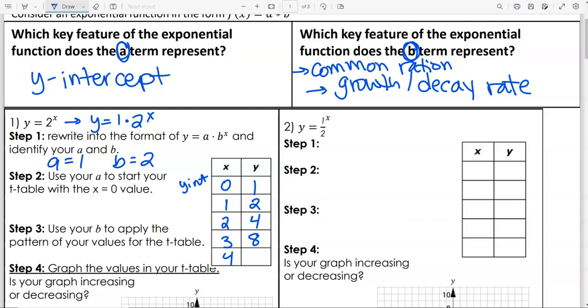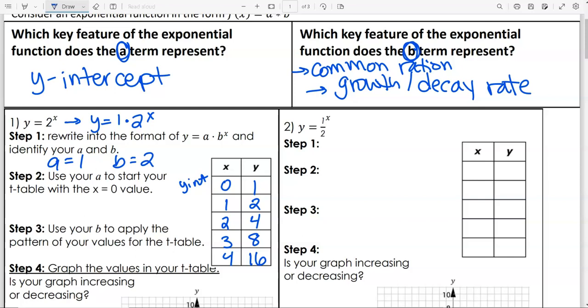Look at our pattern, by the way. How did 1 become 2, become 4, become 8? We're multiplying by 2. Wasn't that my b value? That's how we use it. So my next one is 16. Good. Our b value shows you what to multiply by in the table to move forward.